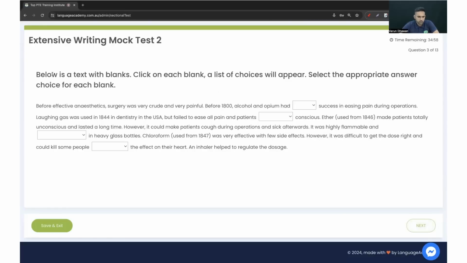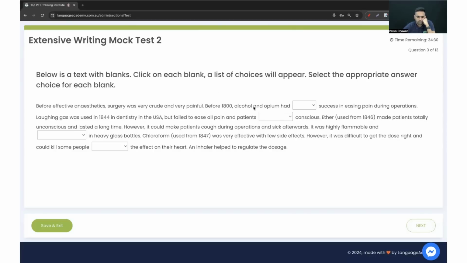All right. Reading and writing blanks. Before effective anesthetics, surgery was very crude and very painful. Before 1800, alcohol and opium had dash success in easing pain during operation. Laughing gas was used in 1844. So before 1800, before anesthetics, anesthetic is a medicine given. Anesthesia basically is given to someone we want to lose consciousness.